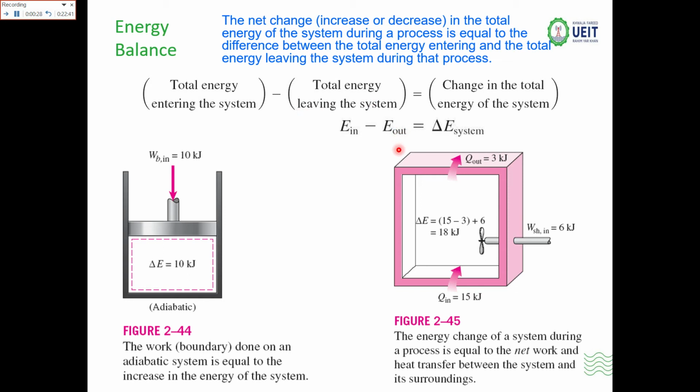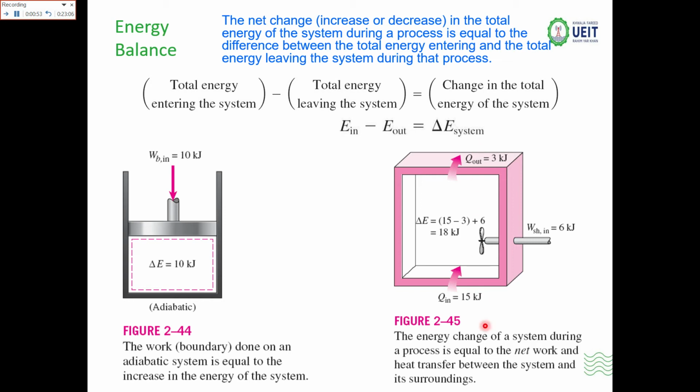So delta E of a system is equal to E in minus E out. If the energy coming in is larger and the energy leaving the system is smaller, the value of the change of energy would be positive. But when the energy leaves more than it comes in, the value of the change in energy is negative.